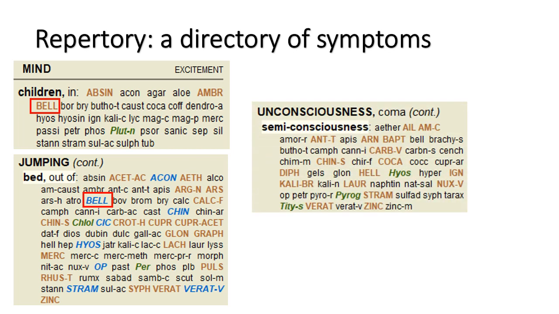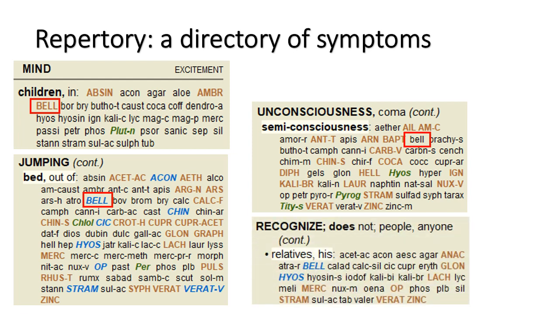Another one was unconsciousness or semi-consciousness. Once again, belladonna appears here, but as you can see, it is neither in capitals nor in italicized capitals. But this symptom also appeared in some cases. Does not recognize people, especially his relatives. That once again is a very important symptom of belladonna.